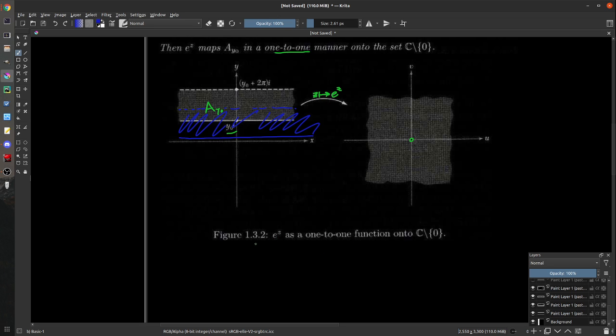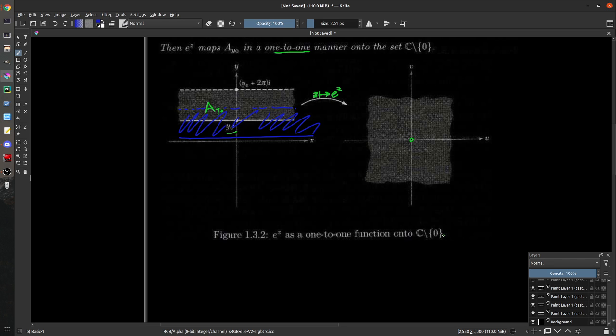What they're trying to say right here is that there exists a function that agrees with e to the z on the domain A sub y naught that is one-to-one and onto if its codomain is the complex numbers without 0. There are as many functions like this as there are y naughts.